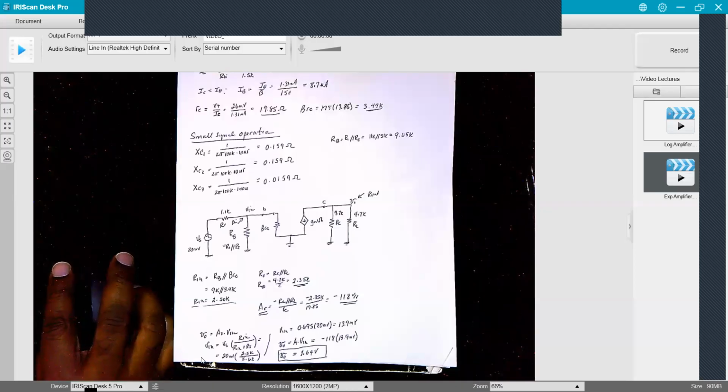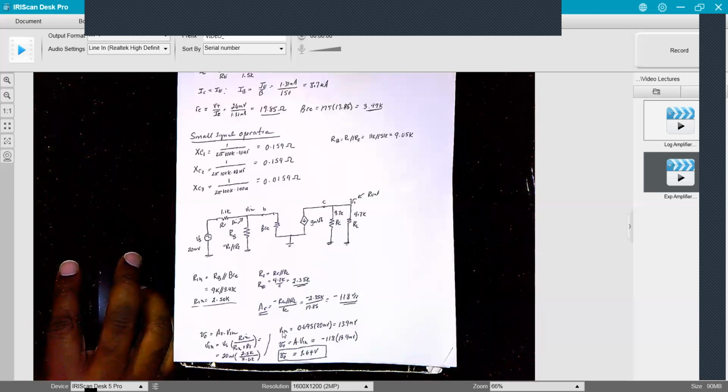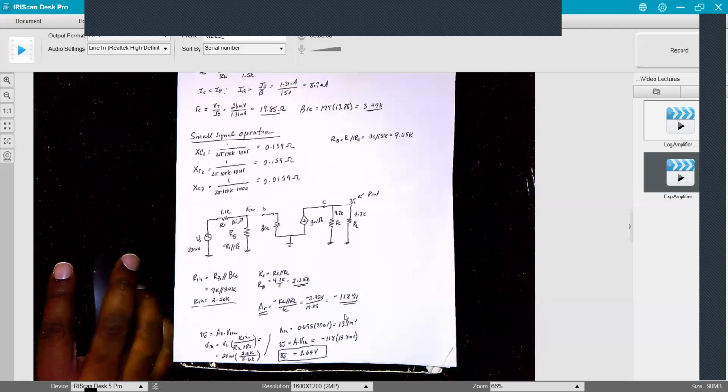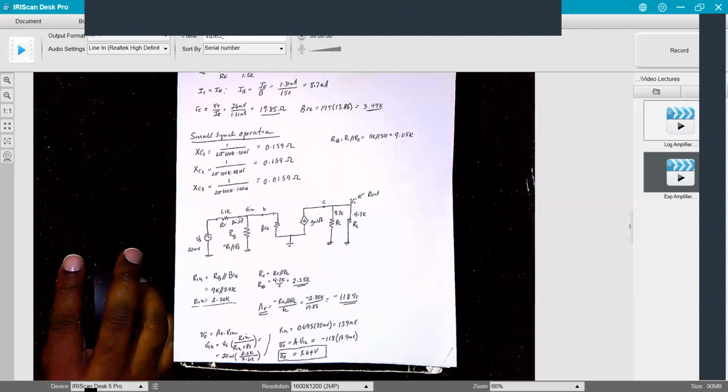So my Vn will be Vs times Rn over Rn plus Rs. That's 20 millivolts times 2.5K over 8.6K, which turns out to be 13.9 millivolts. So I have 20 millivolts for my source, and the amount that actually gets to the input through this voltage division is about 4.